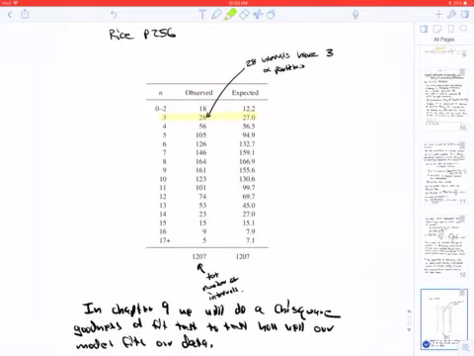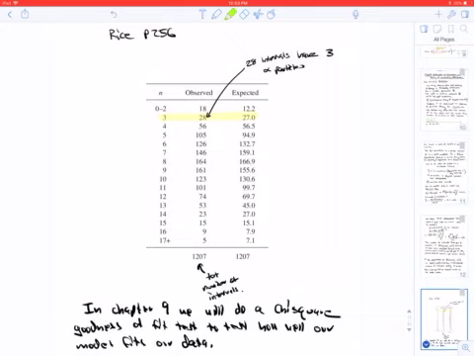So in the book here, they show this table, which gives your data. In the second column here is the number of observed intervals out of the 1,207 10-second intervals that contain a certain number of hits.